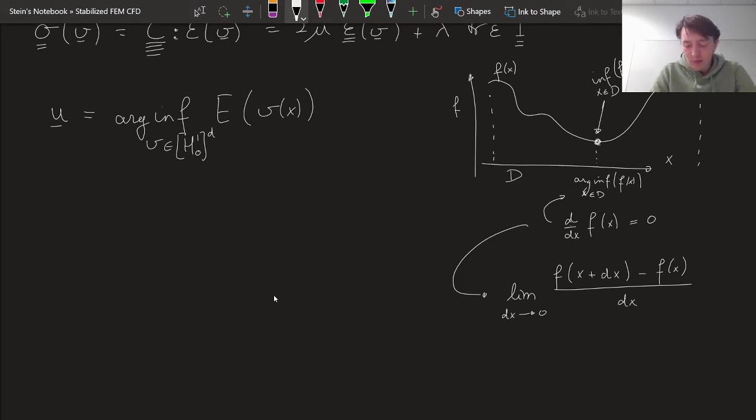So let's try and do something similar here on the left. So what would that mean? That would be the limit of our strain energy E at our solution U, just like this is going to be at x.